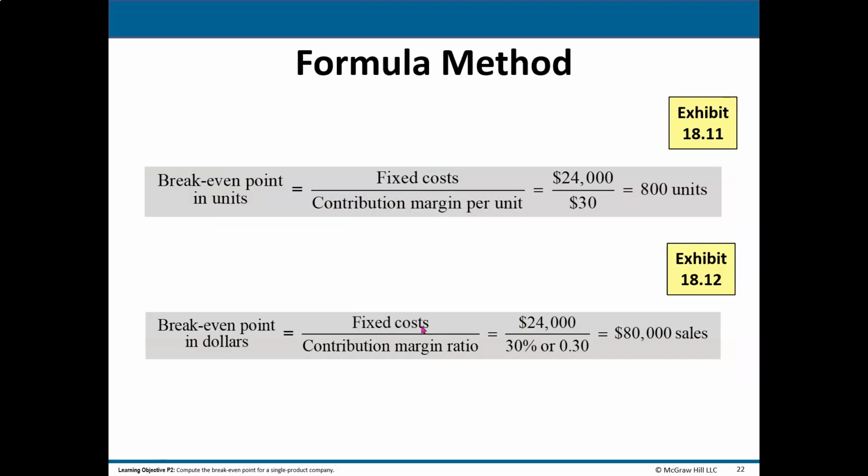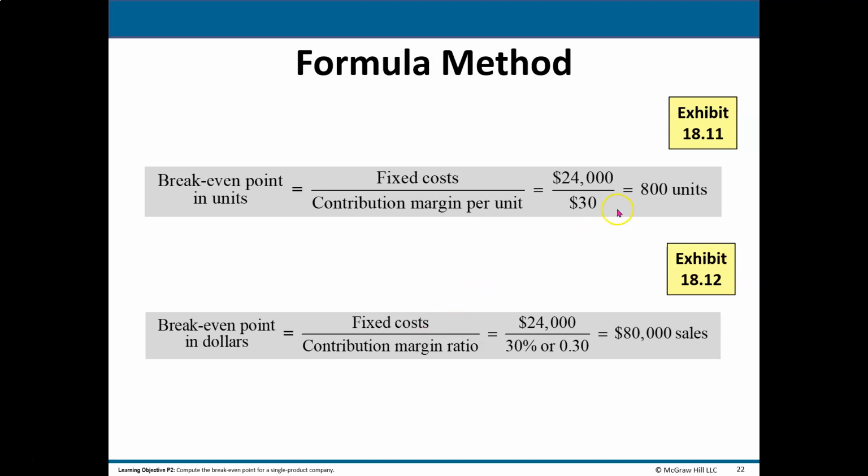The formula method is just plugging numbers into a formula to get our output, how many units we need to sell, and how many dollars of sales we need to have. So what we're going to do to determine our break-even point in units, and our break-even point means that total sales minus total costs equals zero, is take my fixed costs of $24,000 and divide that by the contribution margin per unit of $30.